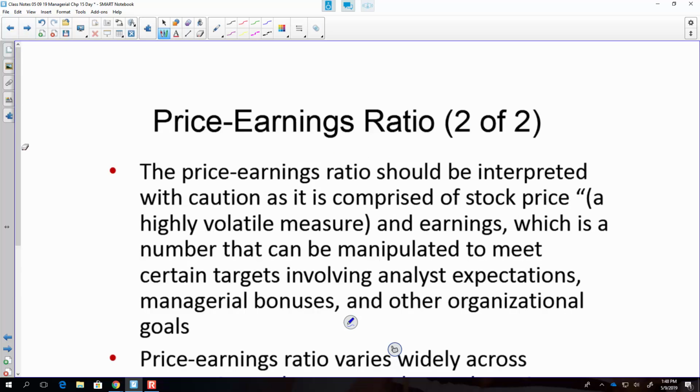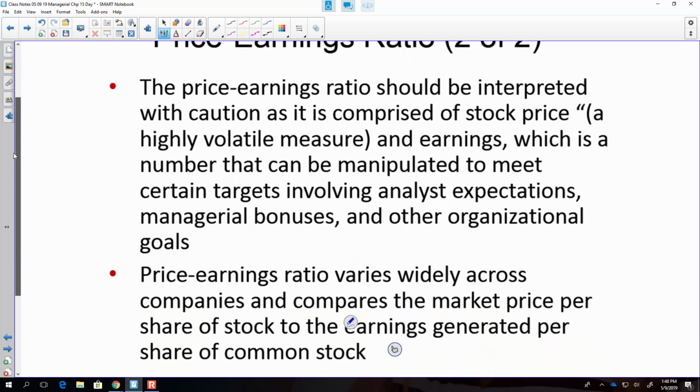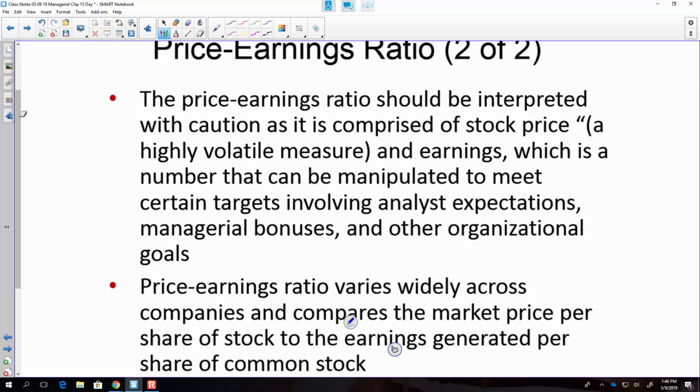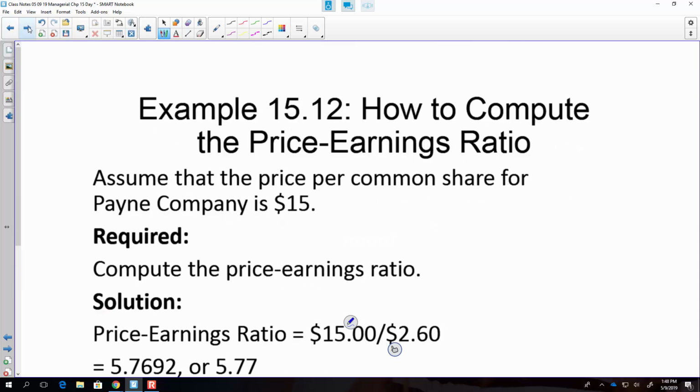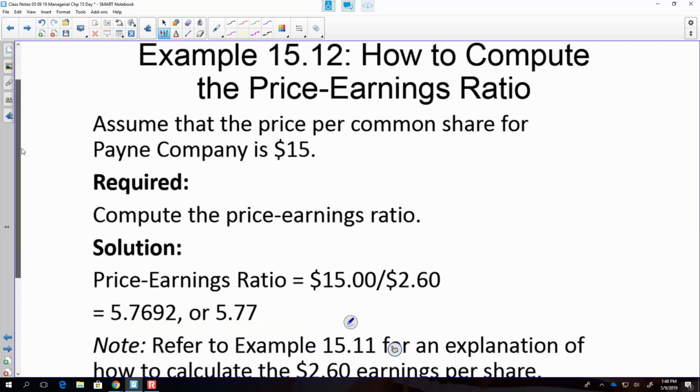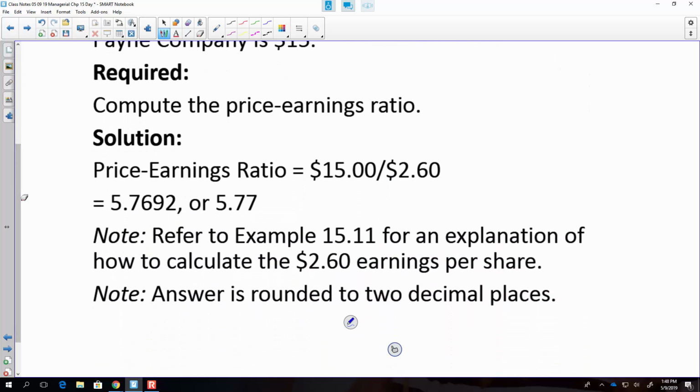Kind of the nature of the beast, they feed off of each other, right? It just talks about market price. Example 12 is the example. It says that the price earnings ratio is a decimal, 5.77. Again, that just shows the spread between the market price currently and the earnings per share.